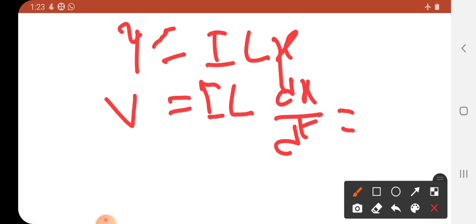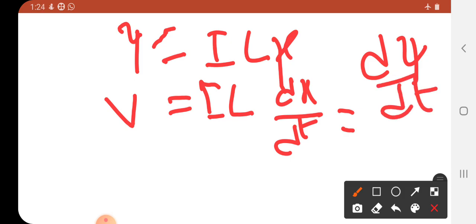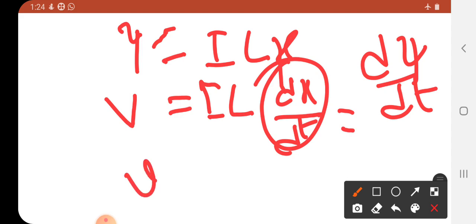So we can write the expression for V as V is equal to d psi by dt, and this value is IL into dx by dt. So we got this value. If you substitute dx by dt as v, then V is equal to ILv.